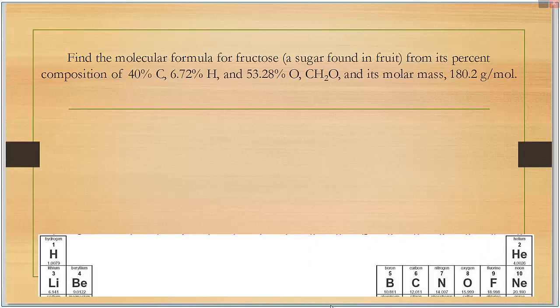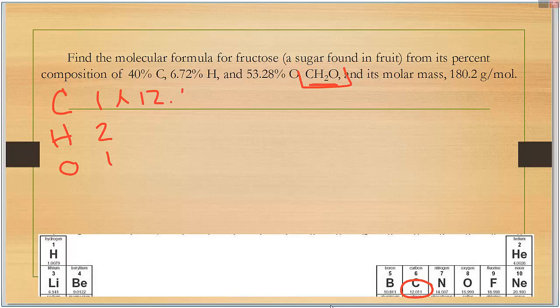So let's say we know it's CH2O. So we have C, H, and O: one carbon, 2 hydrogens, and 1 oxygen. I got all that information from the empirical formula. Carbon is 12.0. Hydrogen is 1.0.